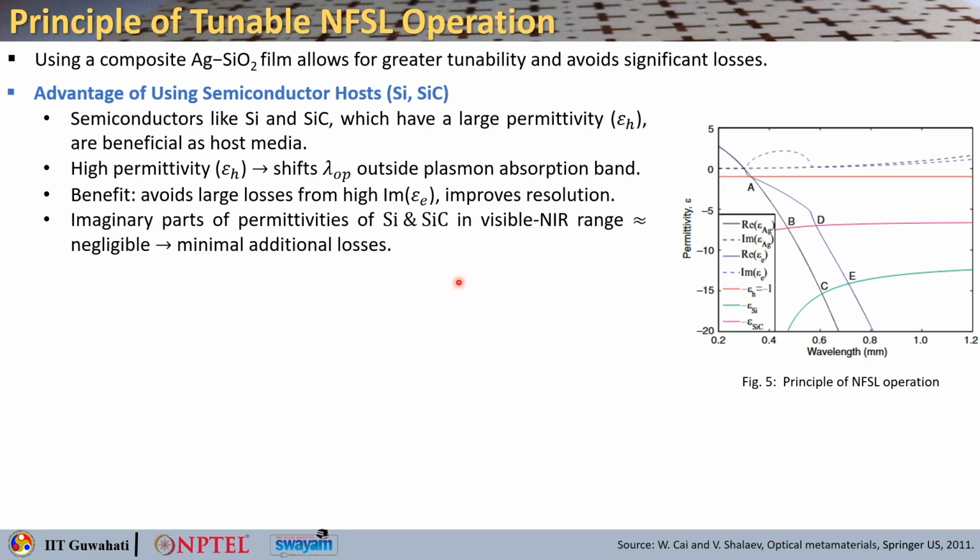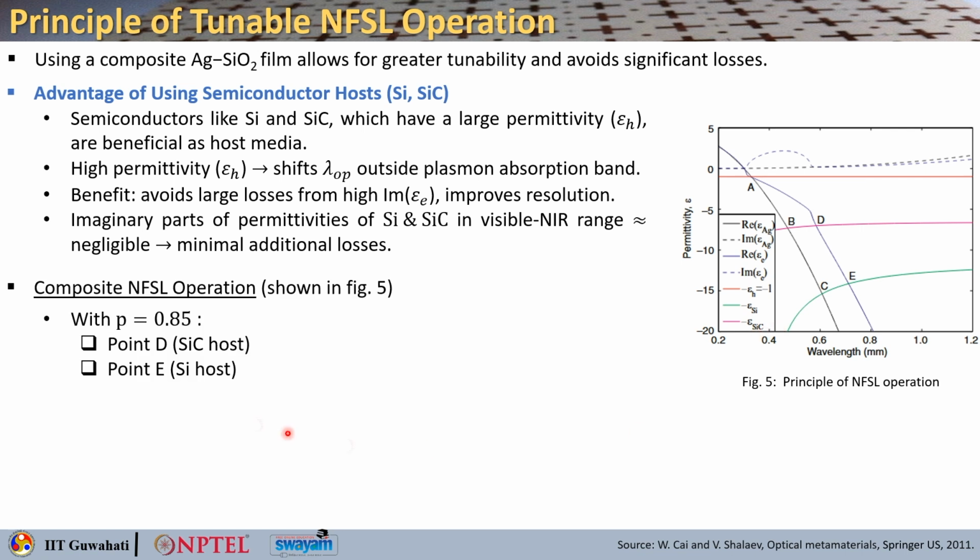The imaginary part of the permittivity gives minimal additional losses. These are the other 2 points marked for P equals 0.85: this is for the silicon carbide host, and this is for the silicon host. Both are outside the absorption band, so they allow efficient NFSL operation.